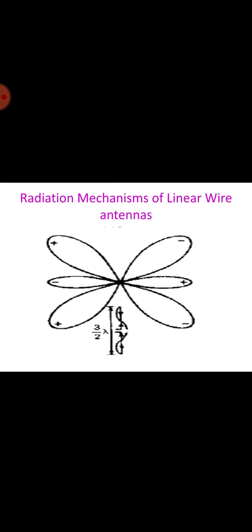With the midpoint of the antenna as phase center, the phase shifts 180 degrees at each null, and the relative phase of the lobes is indicated by minus and plus signs. In all 3 cases, the space pattern is a figure of revolution of the pattern around the axis of the antenna.